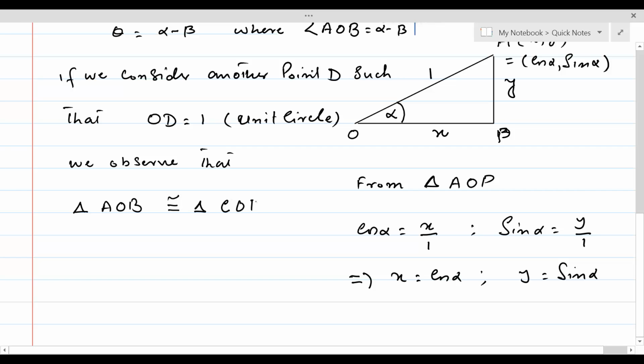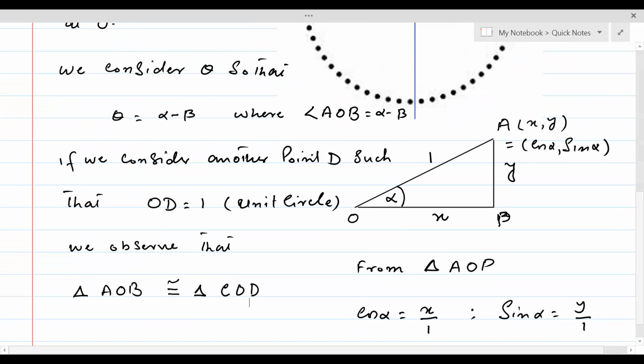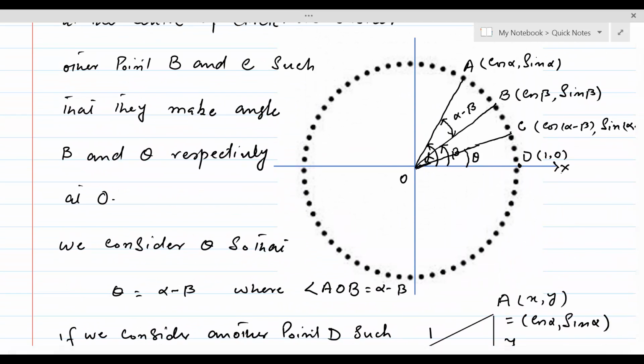The reason is that the central angle is the same and both sides of the triangle, OA and OB, are 1 in length because they are radii of the unit circle.